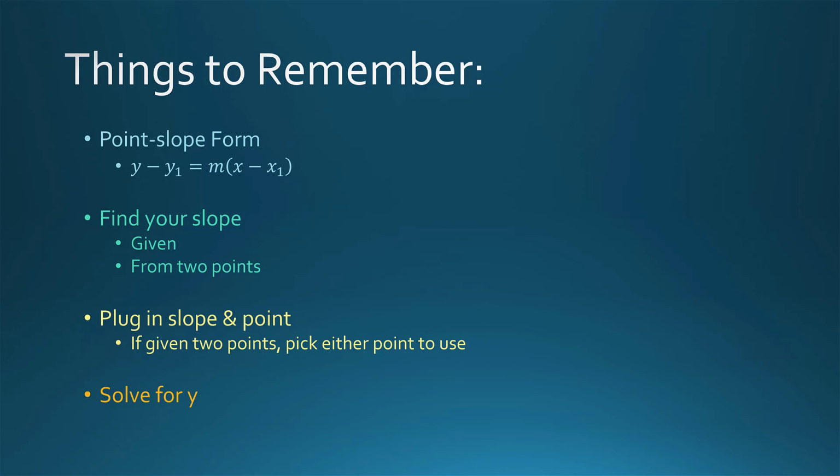And then after you have your slope, you're going to plug the slope and that point into your point-slope form here. If you're given 2 points, you can pick either point. Again, I tend to pick the first point, but you can use the first point or the second point. And once you plug that slope and those 2 points in, you're just going to solve for y. Okay? So find your slope, plug a slope and a point in, and then solve for y. And that's all you had to do to write the equation of a line.